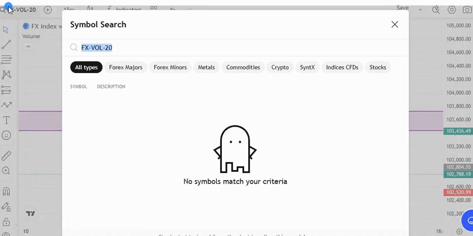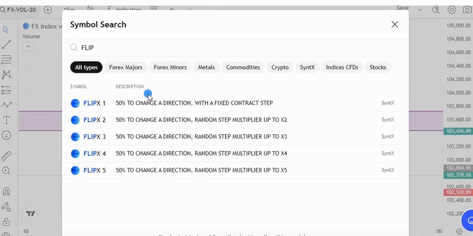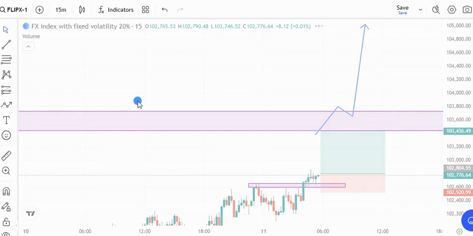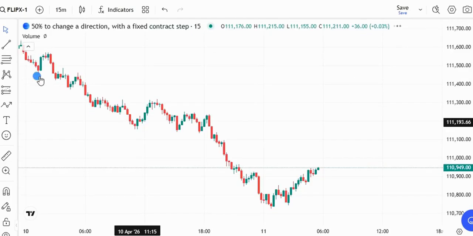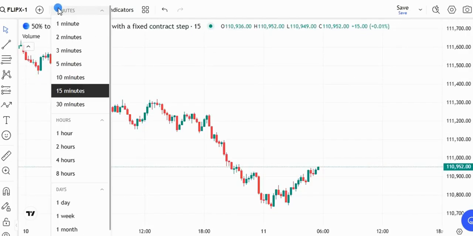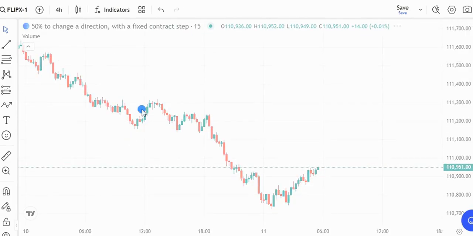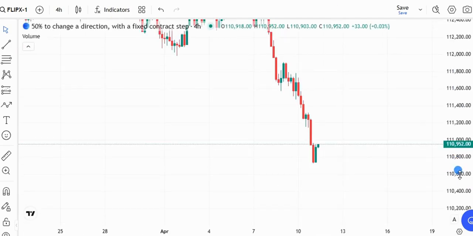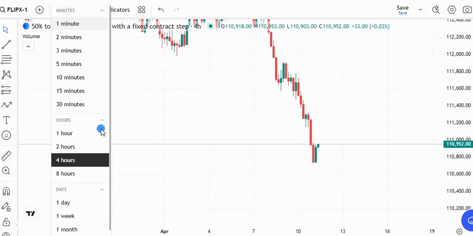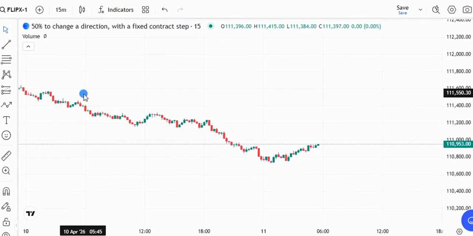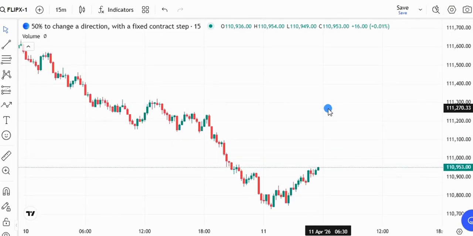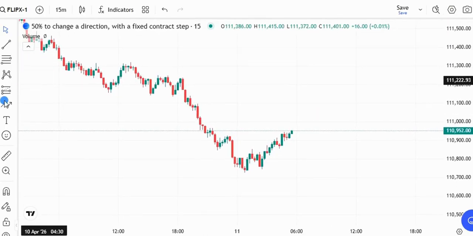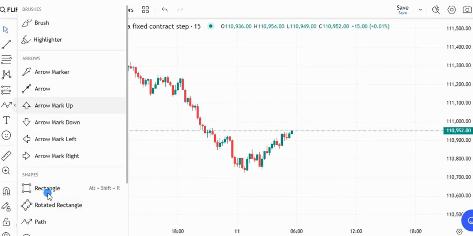So let's do the next one. We'll be looking at Flip X1. All right, so let's go to the 15-minute and 4-hour charts to see what is going on. We can see some good bearish moves, so we are waiting for bearish setups on the 15-minute chart. But you can see it's breaking its own previous level.